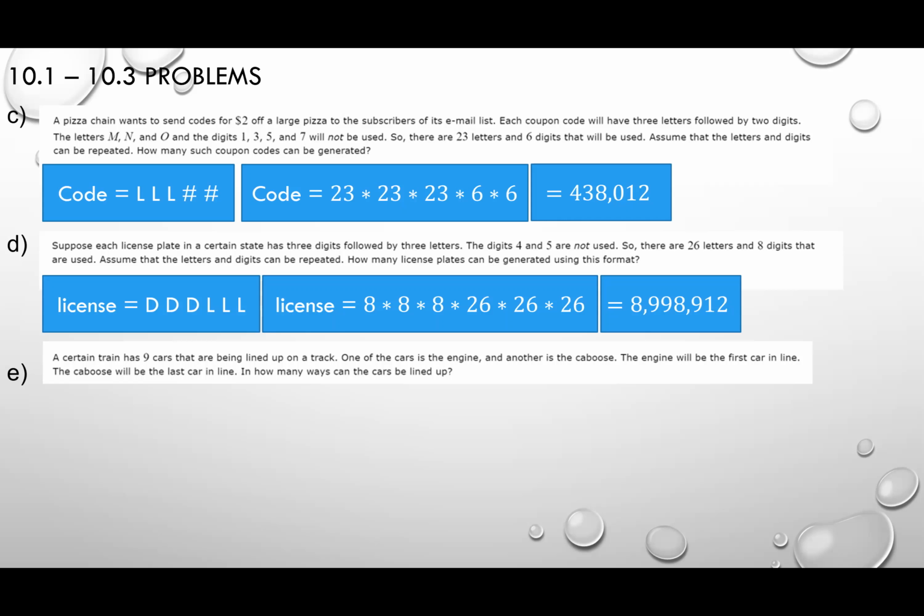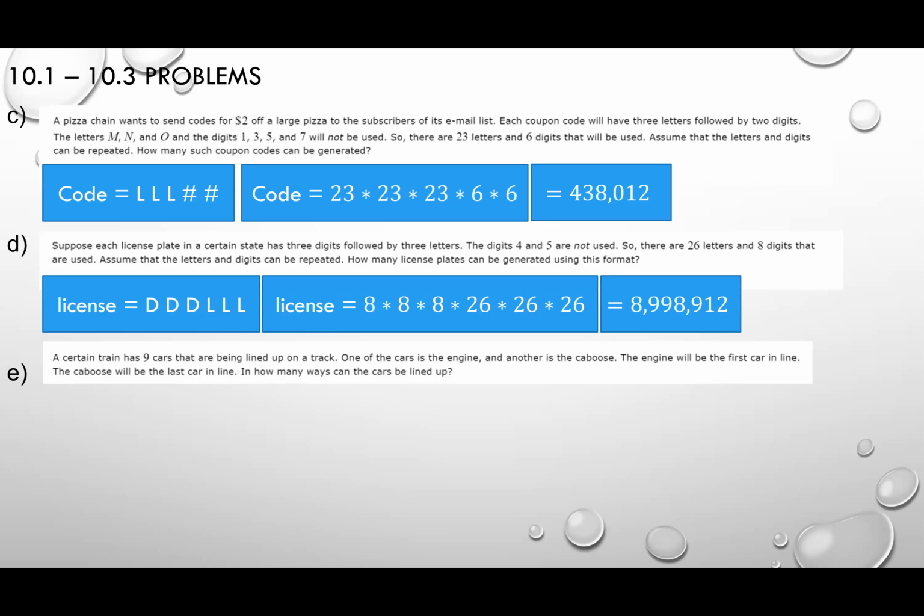Let's say you have 9 cars and you want to line them up. The first position, you have 9 choices. But the second position, you don't have 9 choices. You only have 8 choices, because one of the cars is in the first position, right? Because you want to line them up in some line, meaning we cannot reuse the item that we use, right?